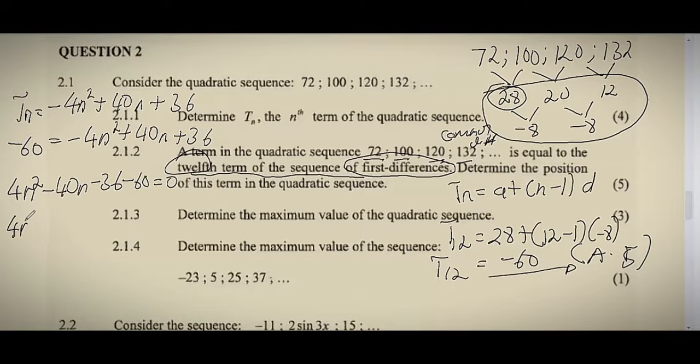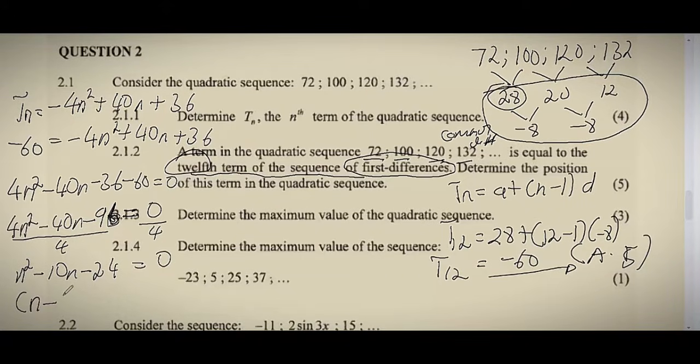So that's 4n squared minus 40n, and then minus 36 minus 60. All the numbers in here are divisible by 4, so let's divide throughout by 4. We have n squared minus 10n, and then 96 divided by 4 is 24, so that's minus 24, equal to 0. To factorize this, that's (n minus 12)(n plus 2).